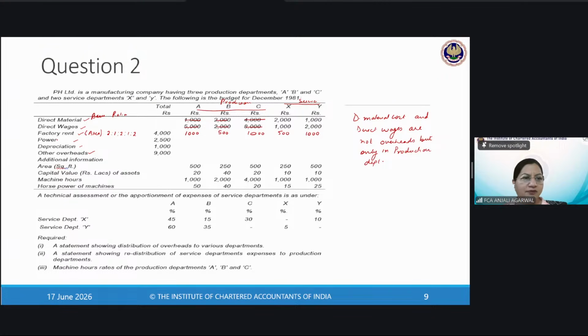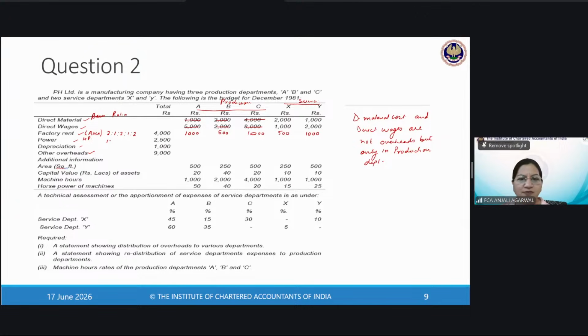Next is power. Power should best be related to horsepower of the machine. What is the ratio of the horsepower of the machine? It's 50, 40, 20, 15, 25.